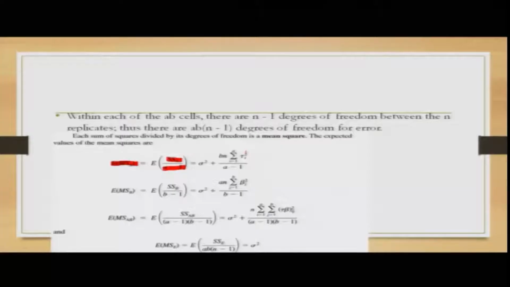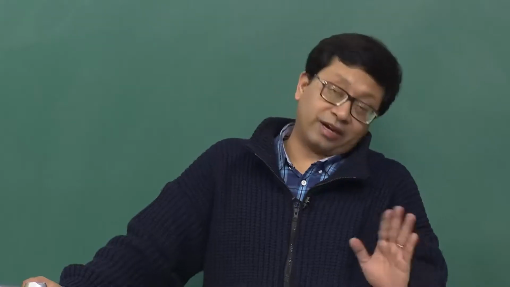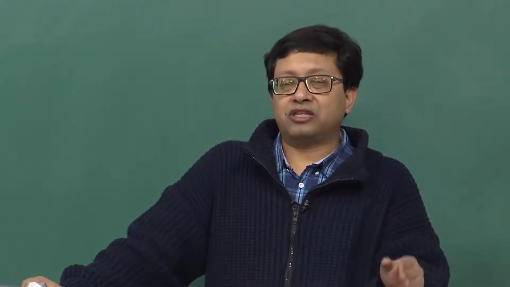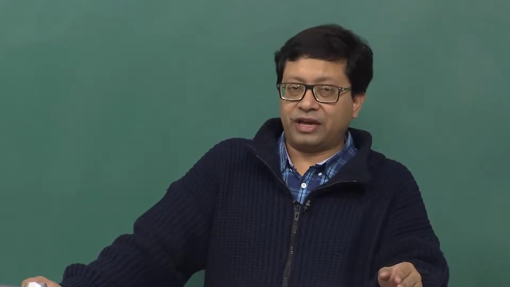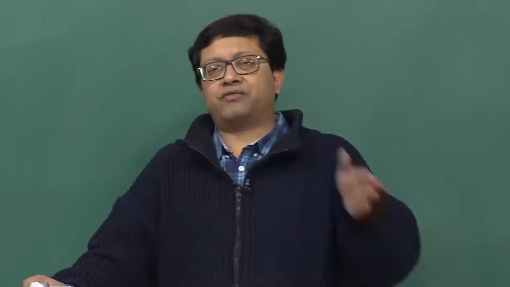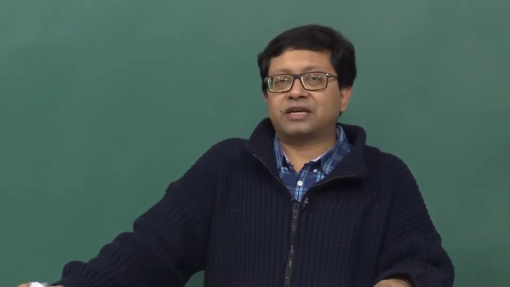So, that was tau i square summed up for all the values from i equal to 1 to a, divided by the degrees of freedom, which was a minus 1, and multiplied by b into n, because you would have such values for b number of readings for factor B, and each of the combinations of cells of A and B. Cells means the combination of the A and B factors.